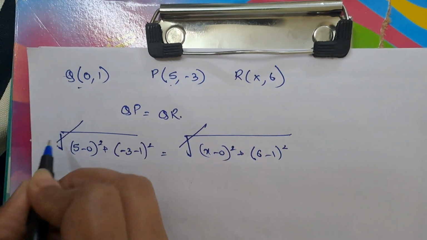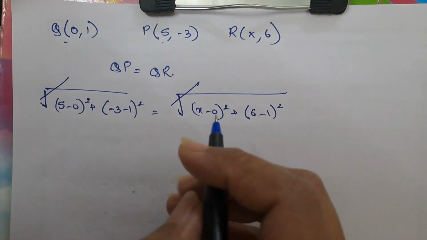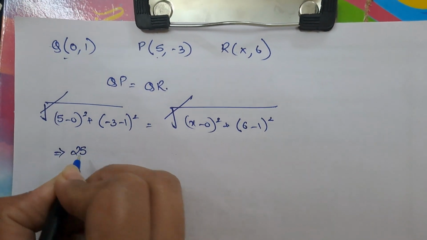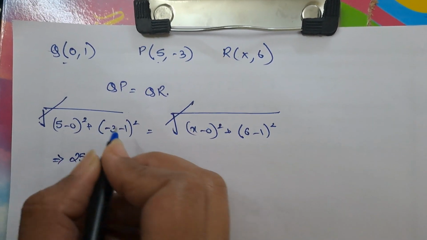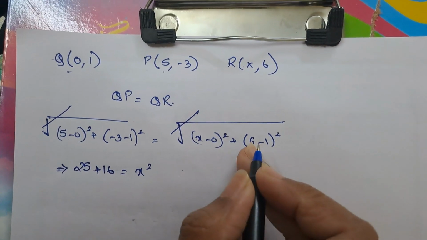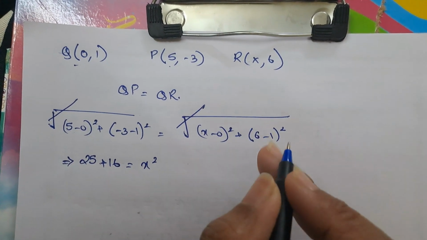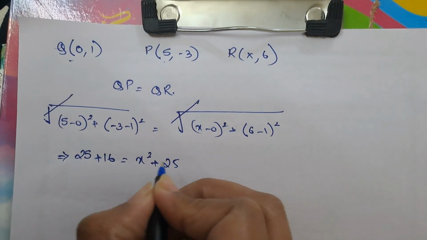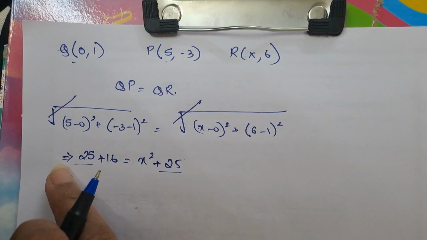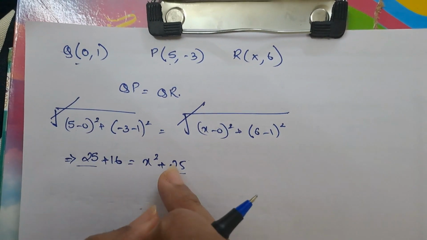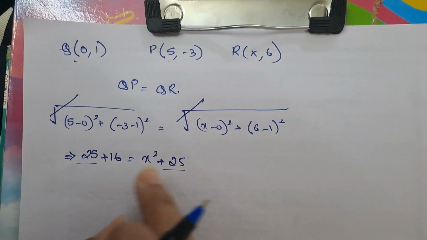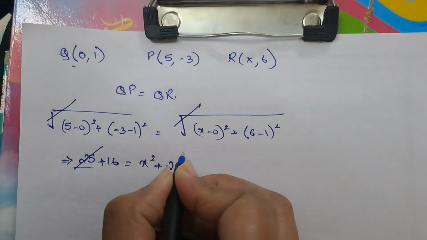The square roots are there on either side of the equal to sign, so they will get cancelled. I am left with 5 square, that is 25, and minus 4 square is 16, is equal to x square plus 5 square, 25. Now you see 25 is there with the same sign on either side of the equal to sign, both positive 25, so they will get cancelled.